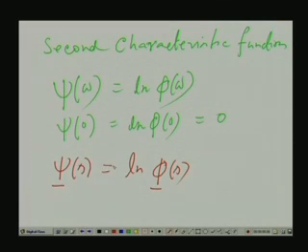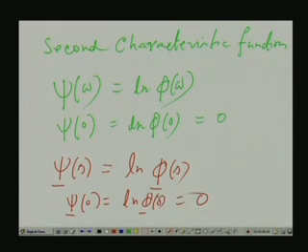This is also equally useful. Okay, either you live with this definition psi omega or psi underscore s, and as before psi underscore 0 is ln phi underscore 0, and phi underscore 0 was 1 we have seen. So, this is equal to 0 as before. Okay.